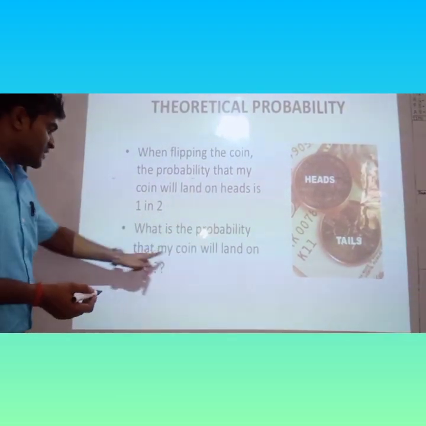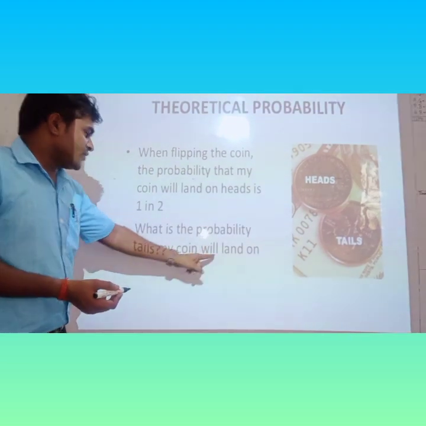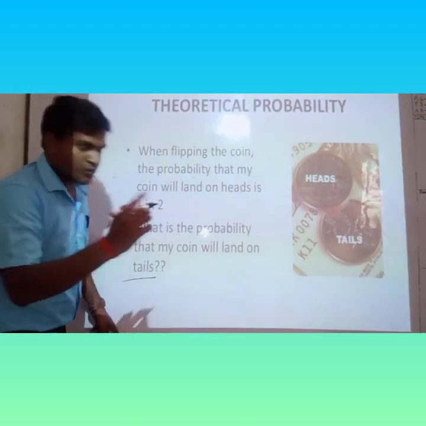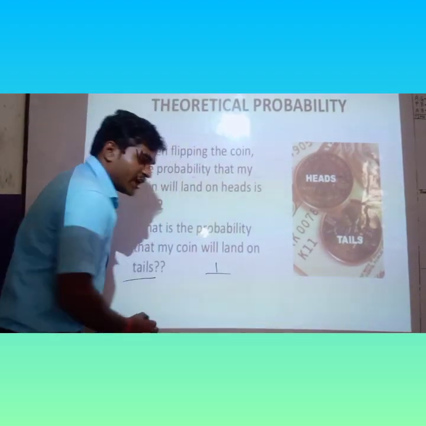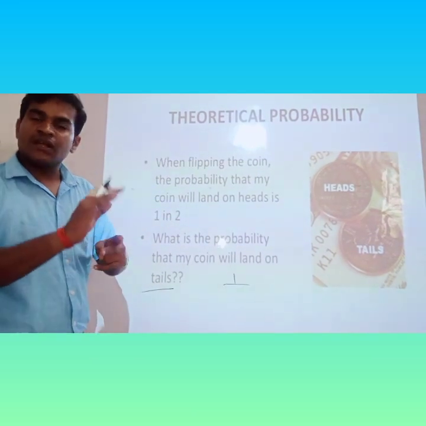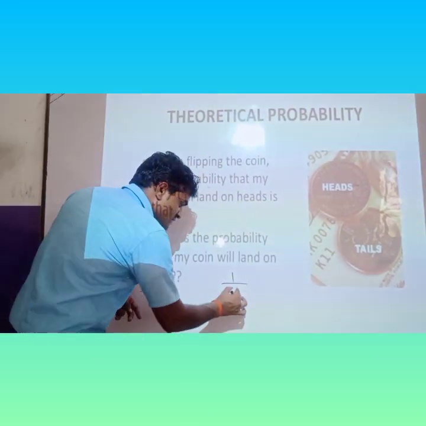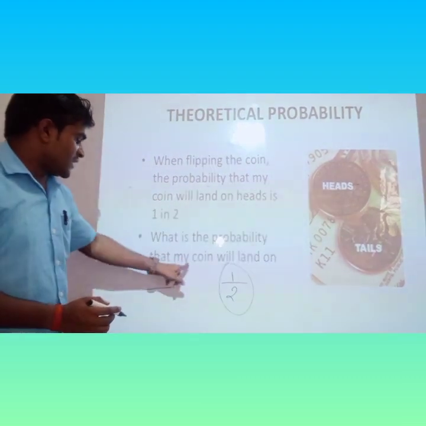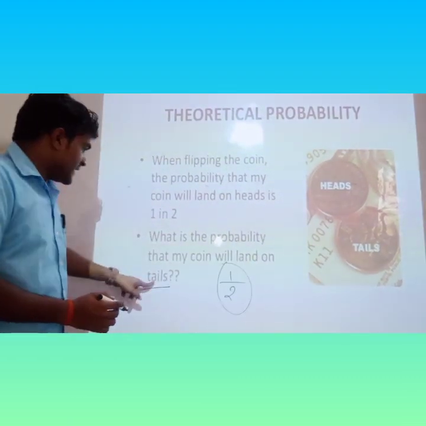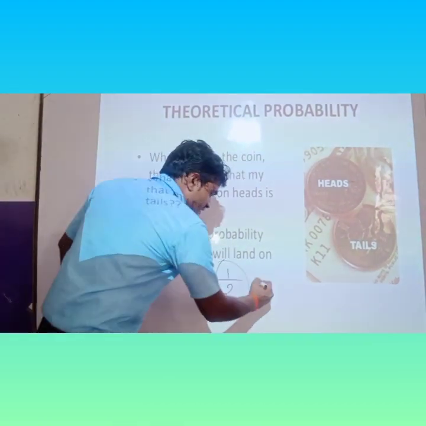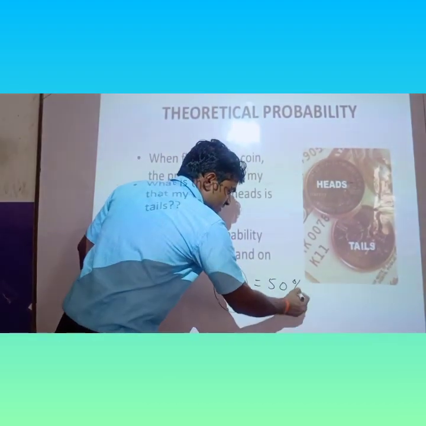Now what is the probability that my coin will land on tails? Children, how many tails are there? There is only one tail, and the possible outcomes are 2, because there are two sides, head or tail. So the probability that my coin will land on tails is 1 upon 2. Either you can say 1 upon 2, that is 50%.